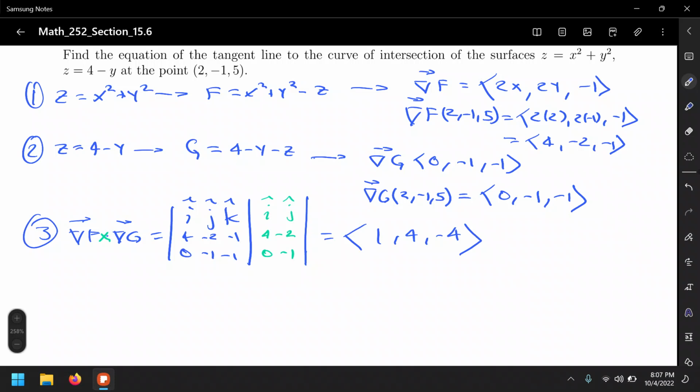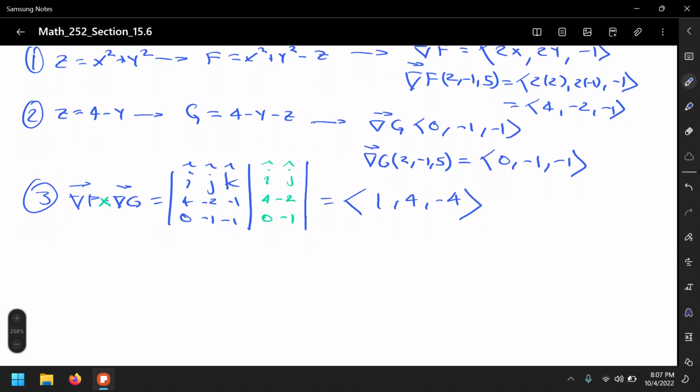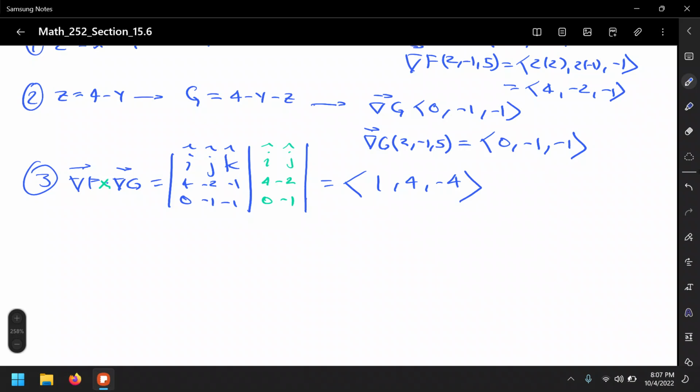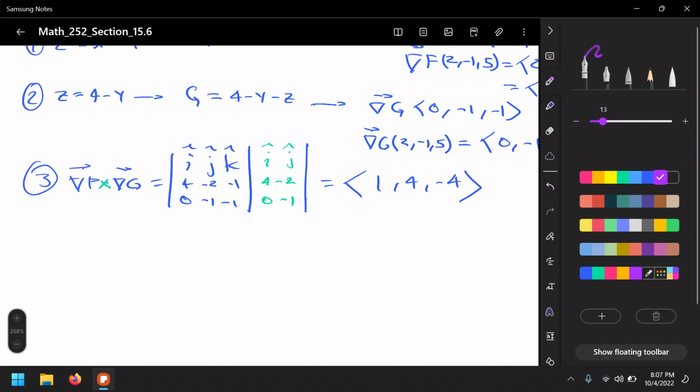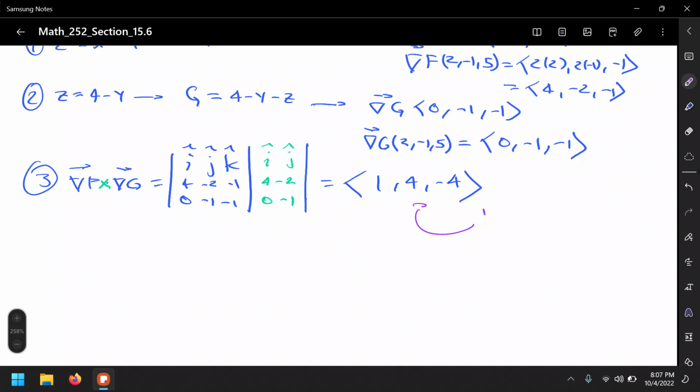The vector that is orthogonal to those two vectors will be the direction of the line that is tangent to the curve at that given point. So that's why we're finding the cross product. This vector will be the direction vector of the tangent line.